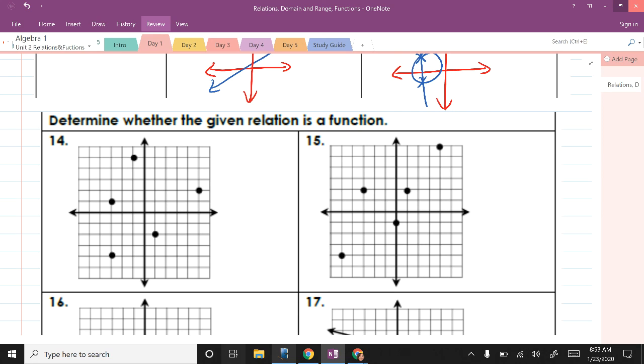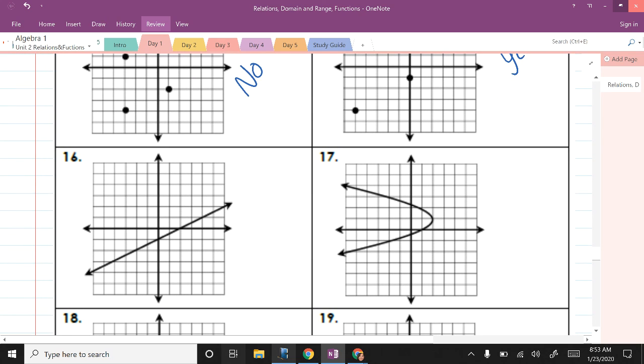Do any of these points line up vertically? Yes, these two are failing the vertical line test right there. So this one is no, not a function. What about number 15? They all have different x values, don't they? So yes, that is a function. They don't line up vertically.